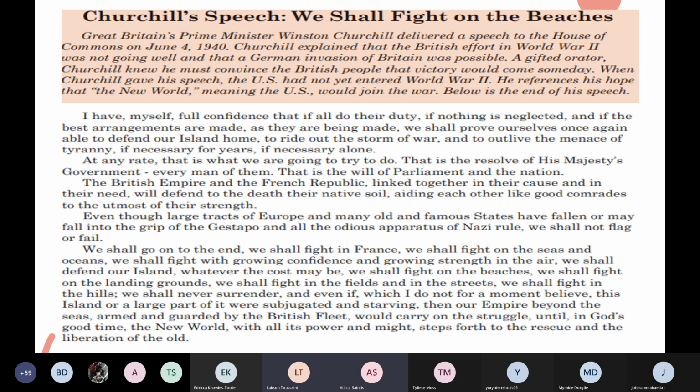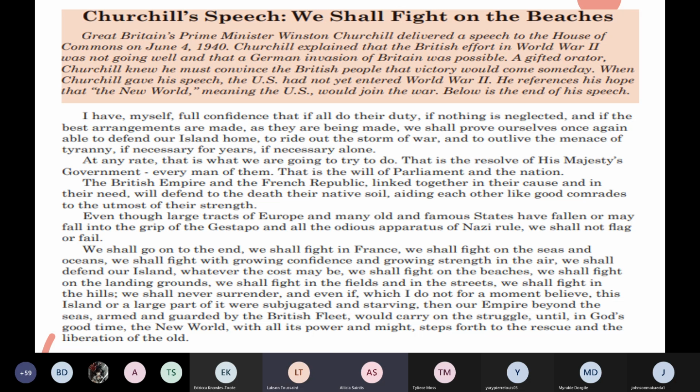We shall go on to the end. We shall fight in France. We shall fight on the seas and oceans. We shall fight with growing confidence and growing strength in the air. We shall defend our island, whatever the cost may be. We shall fight on the beaches. We shall fight on the landing grounds. We shall fight in the fields and in the streets. We shall fight in the hills. We shall never surrender.